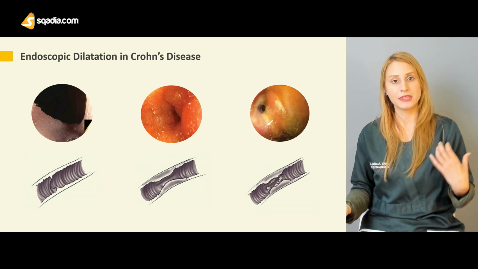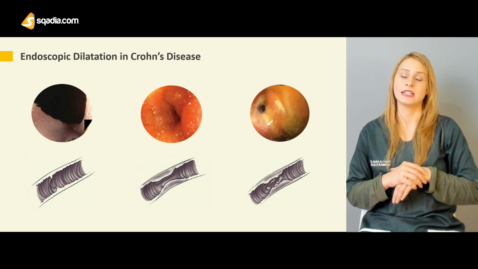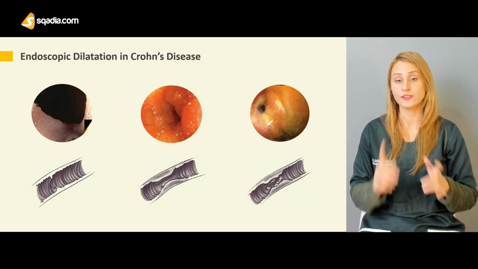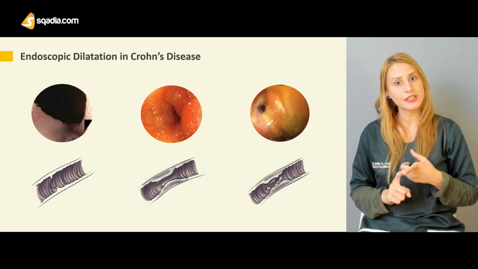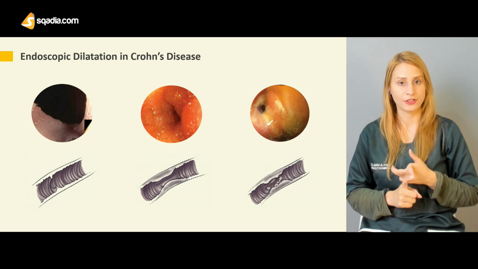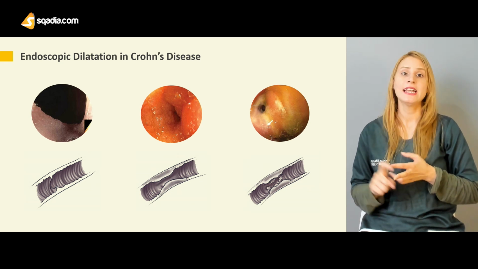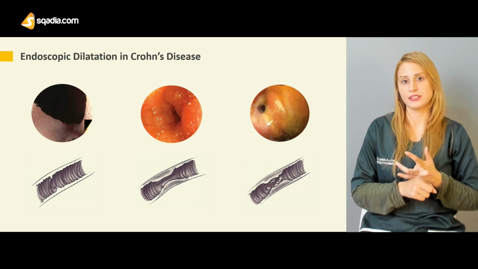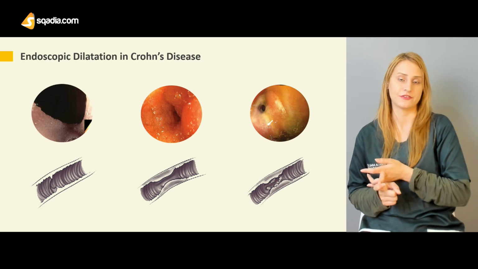Now, there are some complications which can be reported with the use of endoscopic dilatation. First, if there's acute inflammation, then the chances are that you can injure the gut and the patient will suffer from perforation. Second, there's a possibility that endoscopic dilatation was done, but the patient again reports to you with stricture formation.